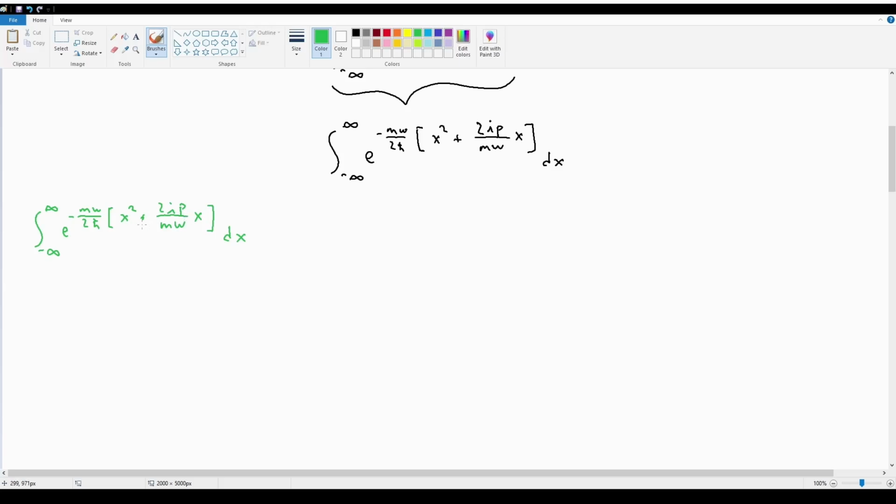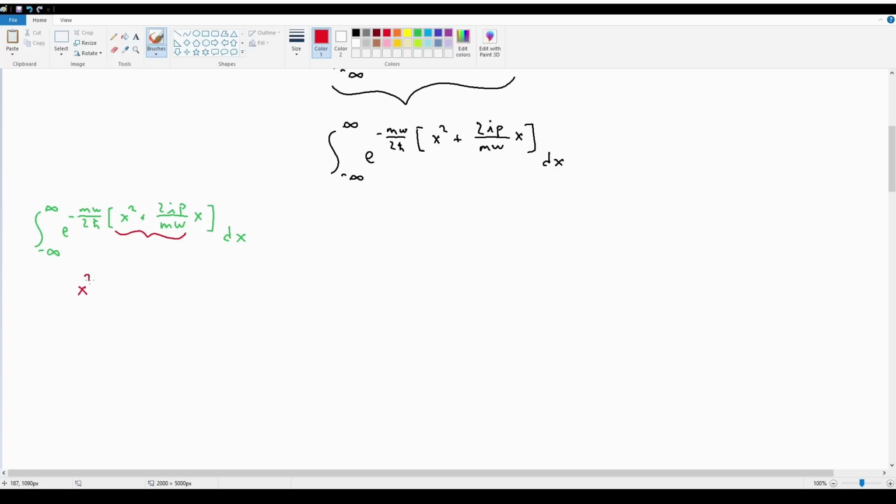If I can complete the square and turn this into something that can be factored, then I can use u-sub and basically just turn this into something that looks like e to the negative u squared. And from that point, I can just solve it via an ERF equivalent. So let's try that. Our goal is to turn this into something that we can square. So let's complete the square.